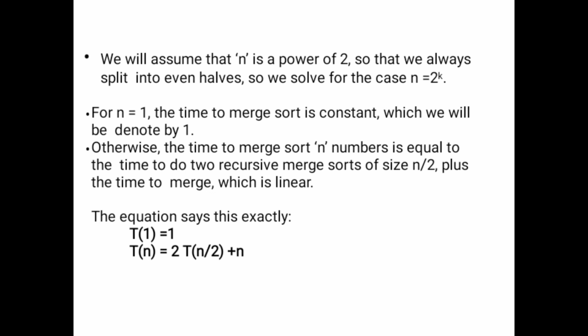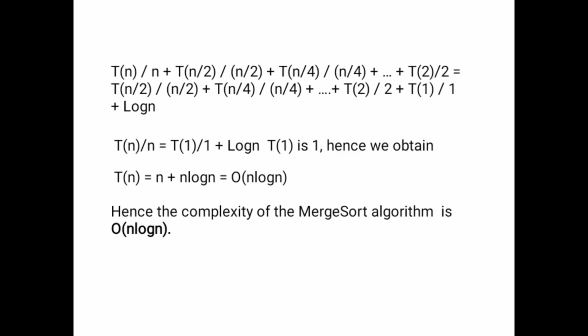That is, T of n by 2 is the time required to sort the left part of the array, and the time required to sort the right part of the array. Then n is the time required to divide and merge the solution. You can see here, hence, the time complexity of the merge sort algorithm is big O of n log n.